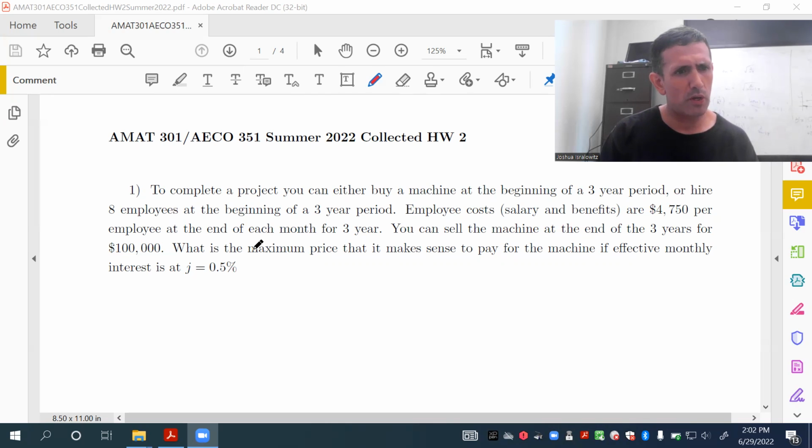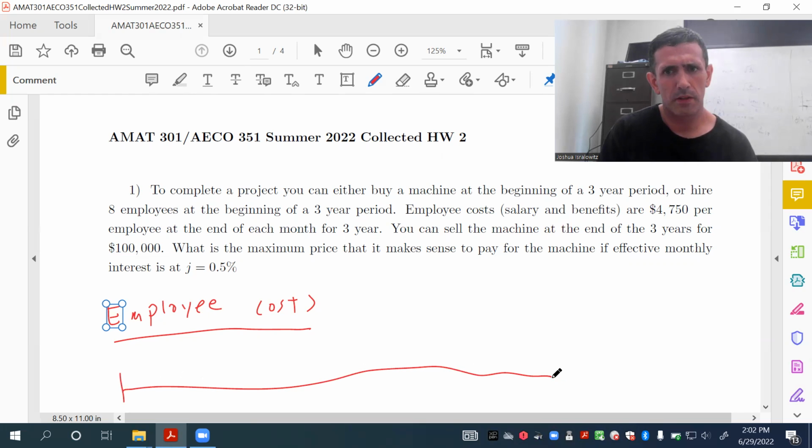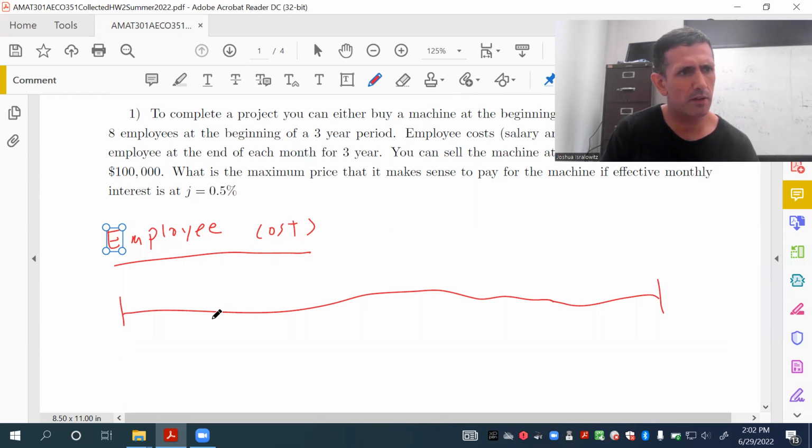All right, so let's draw a time diagram for the employee costs. Definitely don't have to do this, but just make sure there's no confusion. So this is in months.